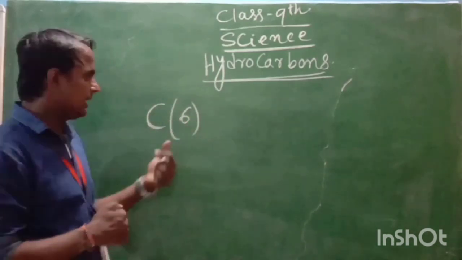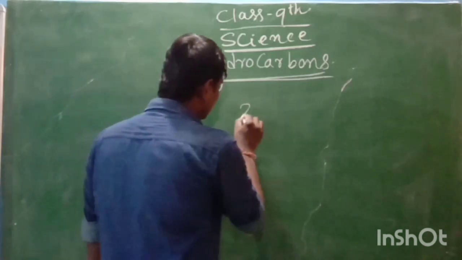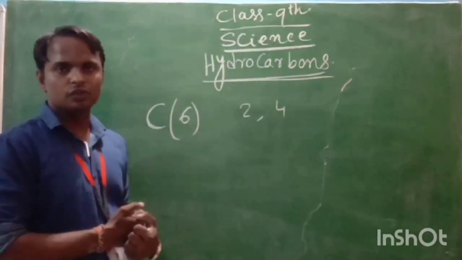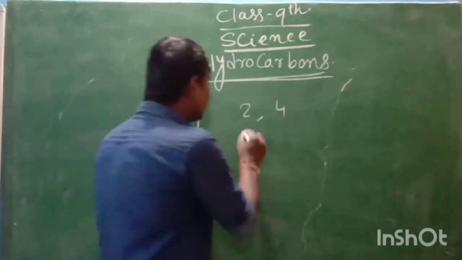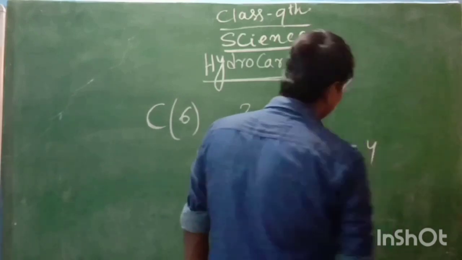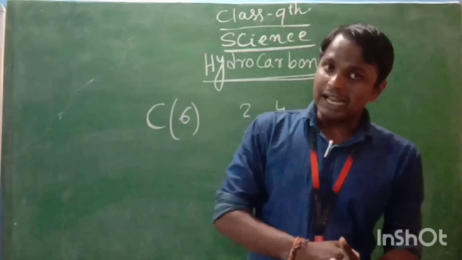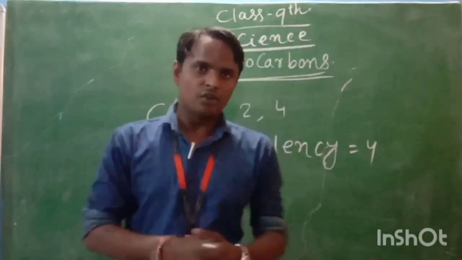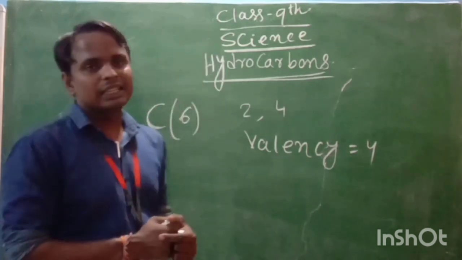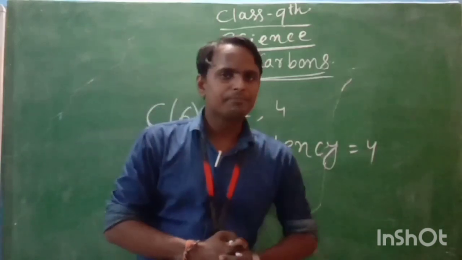First, carbon has atomic number 6, electronic configuration 2, 4, and valency equal to 4. Valency four means the carbon atom combines with 4 other atoms. A carbon atom can form 4 bonds with other atoms.